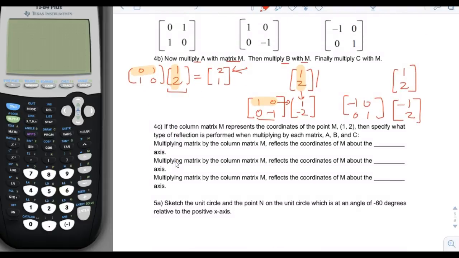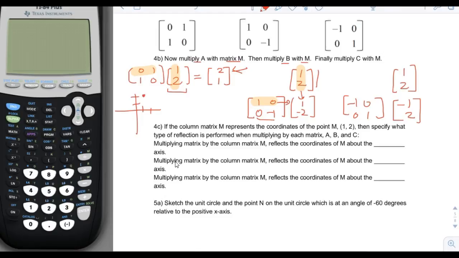Now we're going to go to 4C. If the column matrix M represents the coordinates of the point 1, 2, then specify what type of reflection is performed when multiplying by each matrix A, B, and C. Let's draw a little picture. We draw a grid and the original point 1, 2.